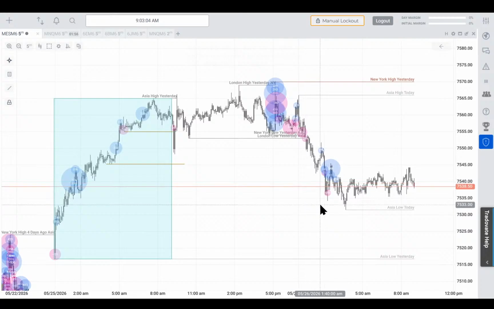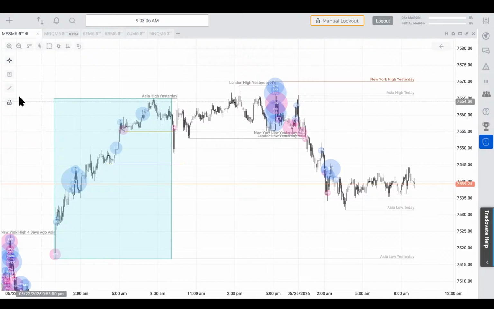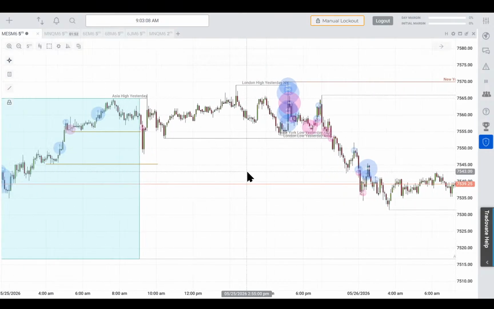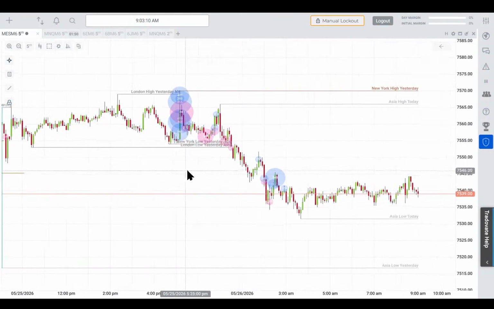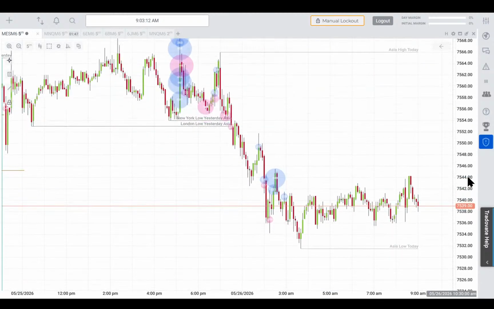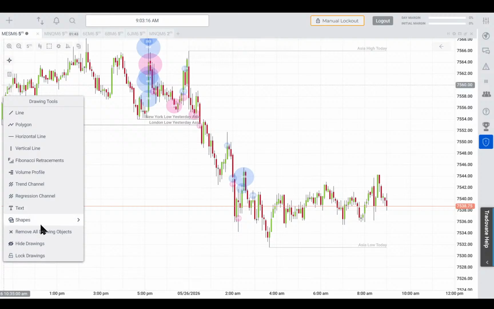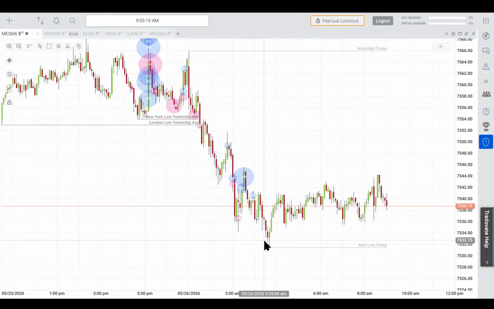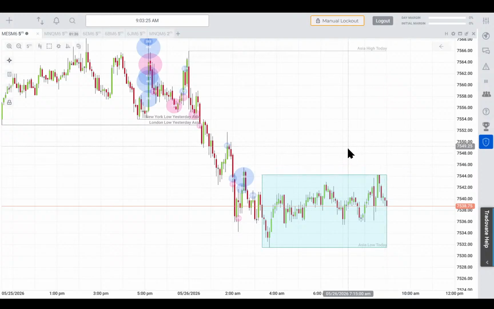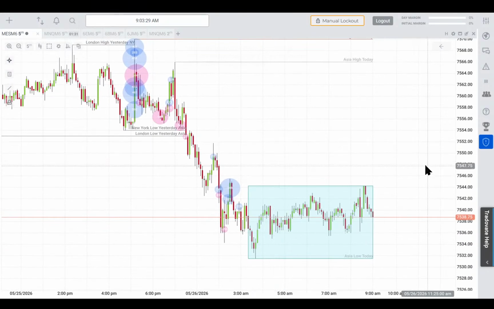Right, now I can see if anybody writes something interesting. That's the overnight range. I'm gonna plot this on everything for now.